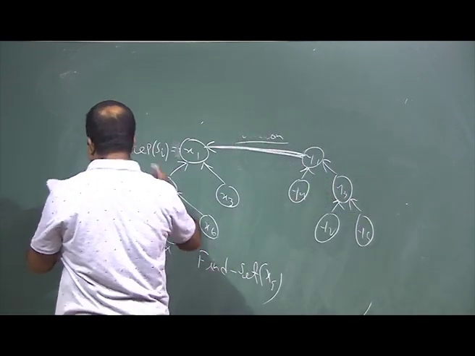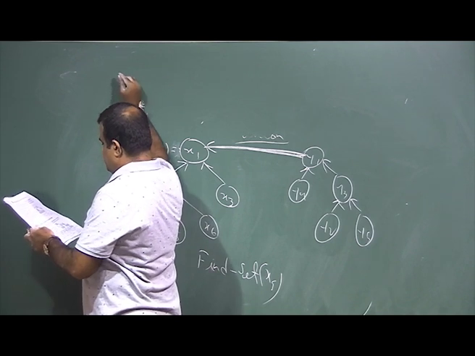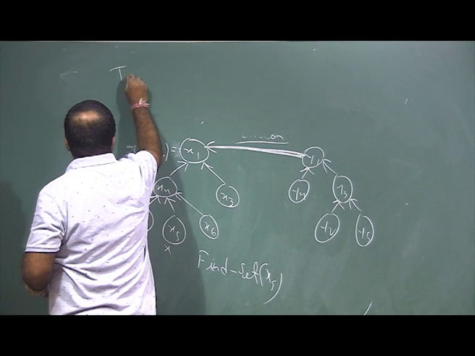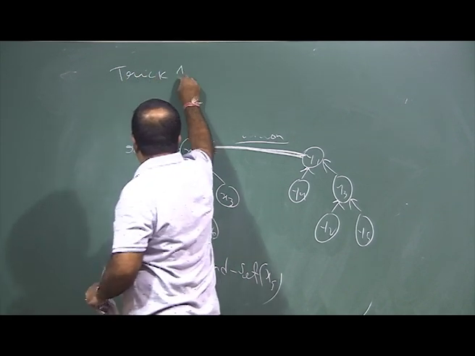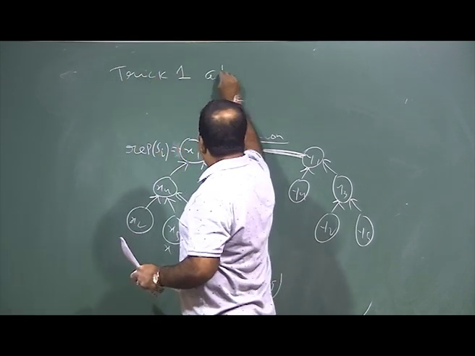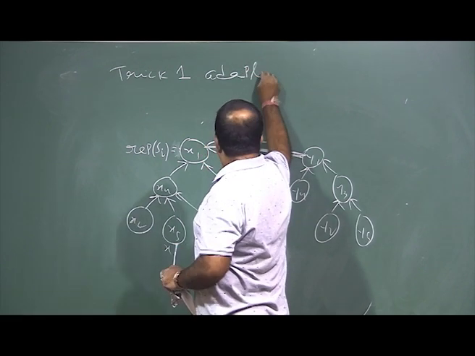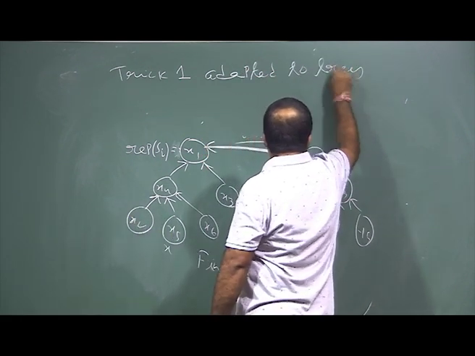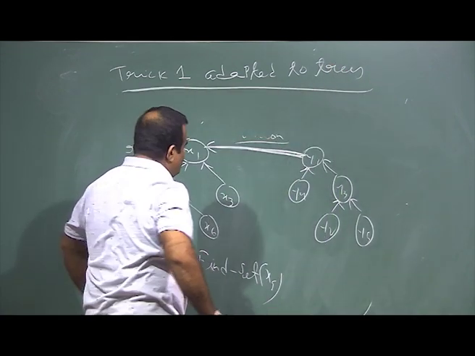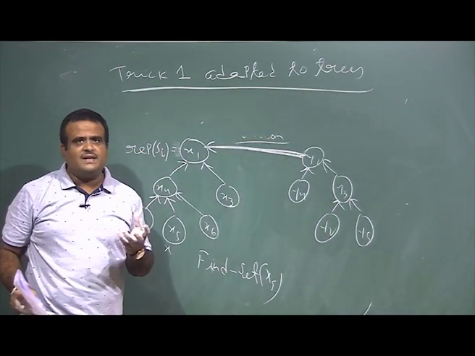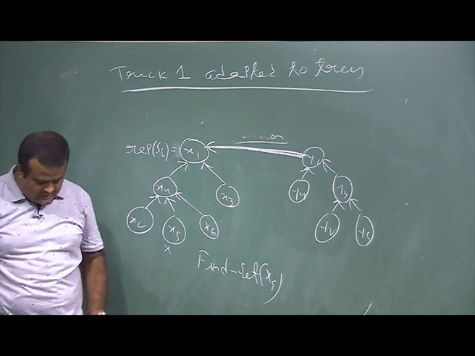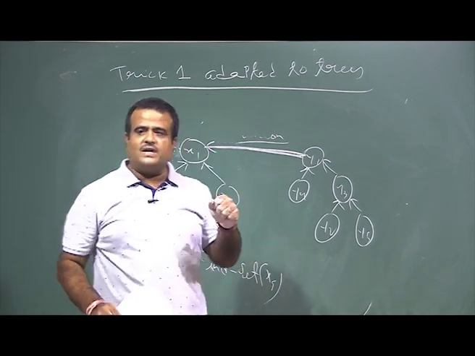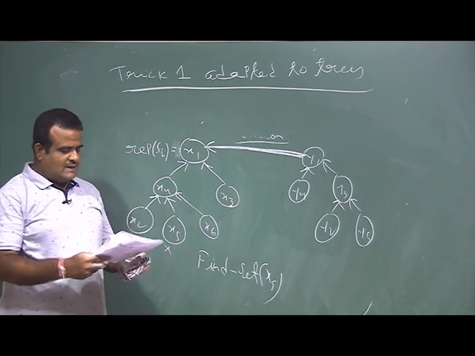This is trick 1 adapted to trees. So, that means if we find the smaller tree, then we can merge it with the larger set.